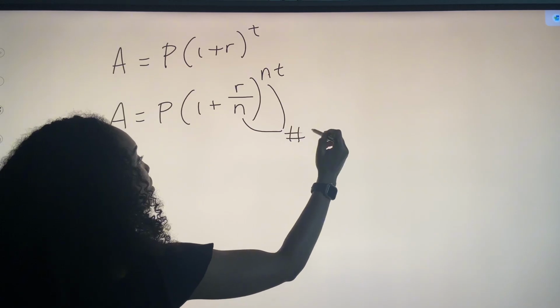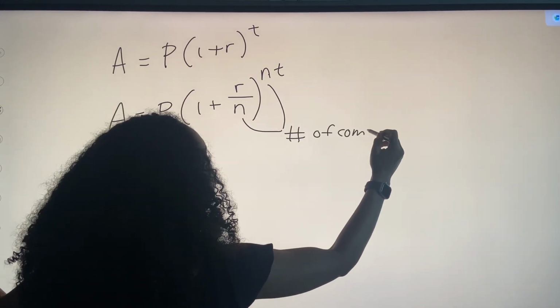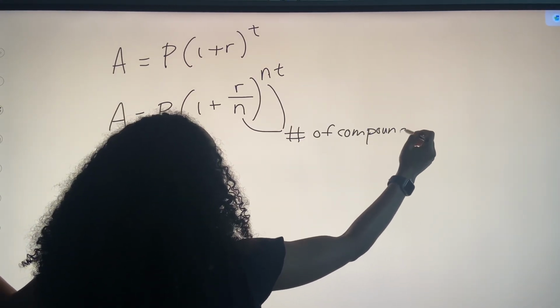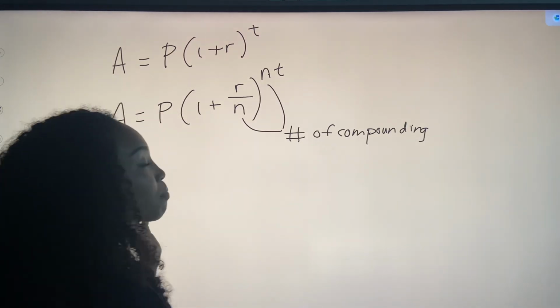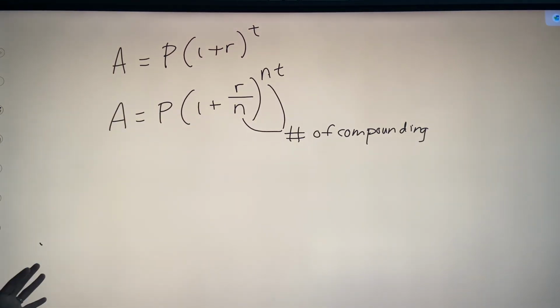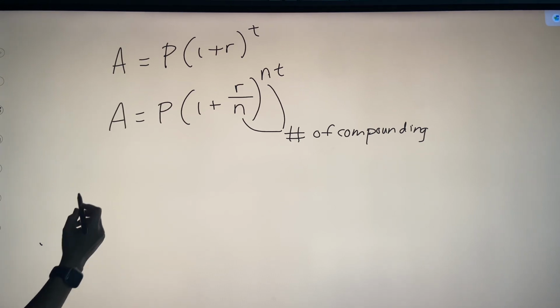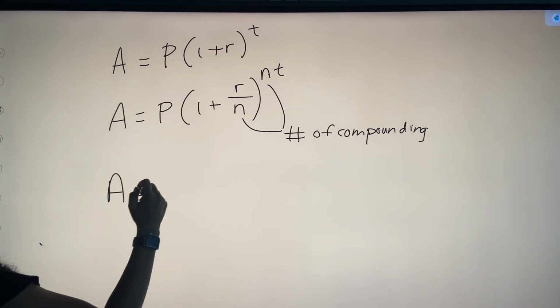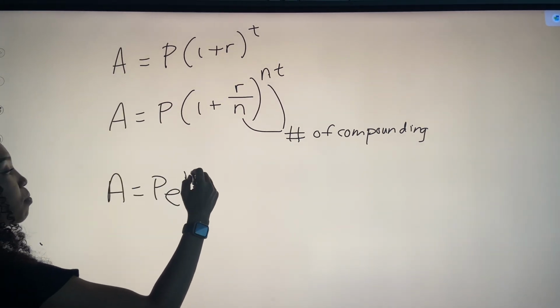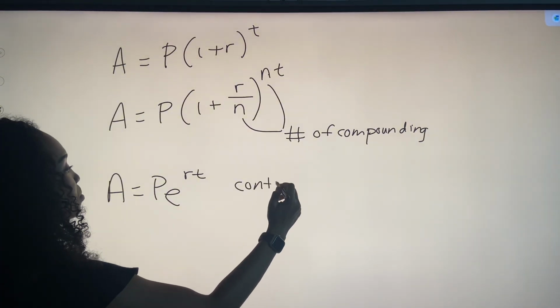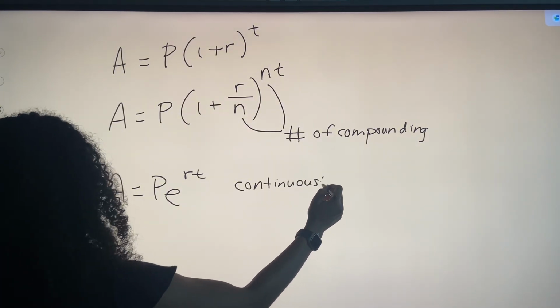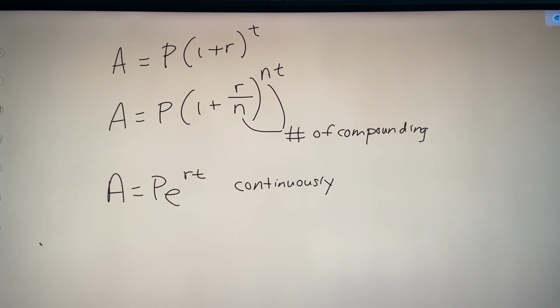This is the number of compounding. So you'll use this one. Keyword is like compounding daily, compounding monthly. You're gonna use this formula. And if it's continuously, that's principal times e to the power of rt. This is continuously. All right, those are the 3 formulas we just went over.